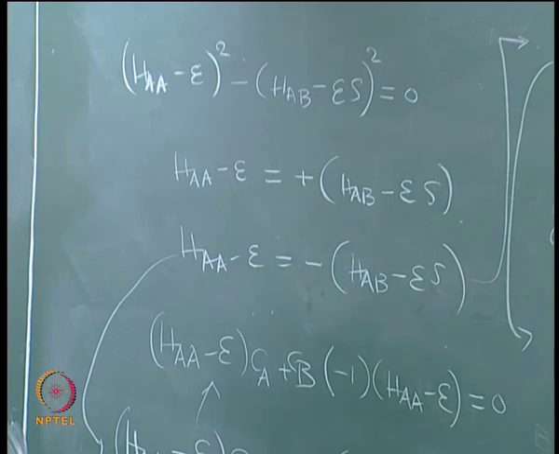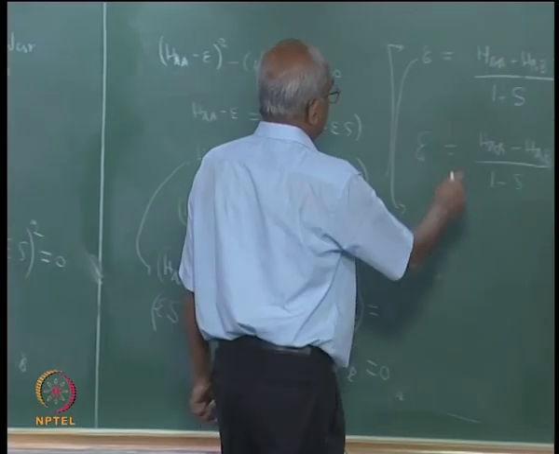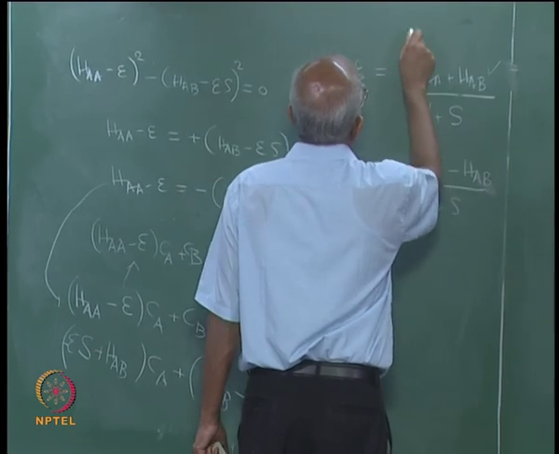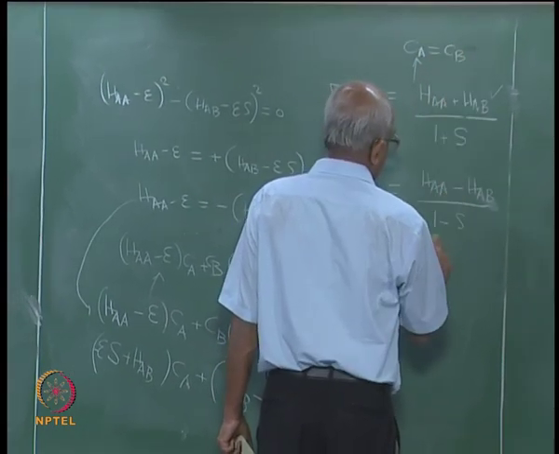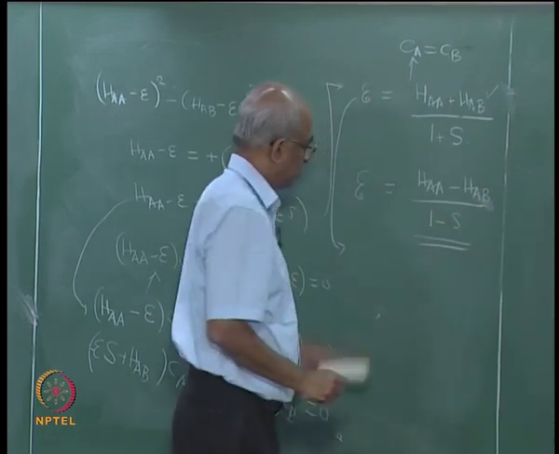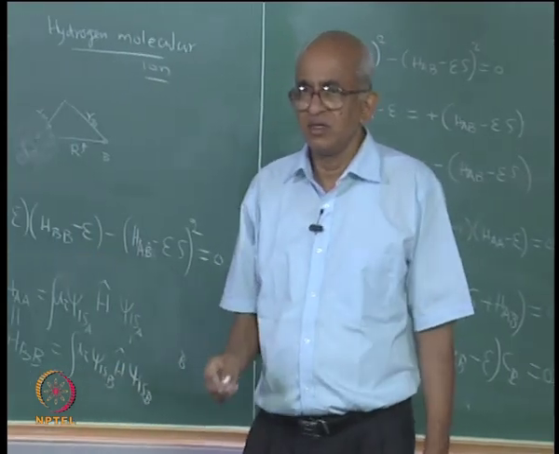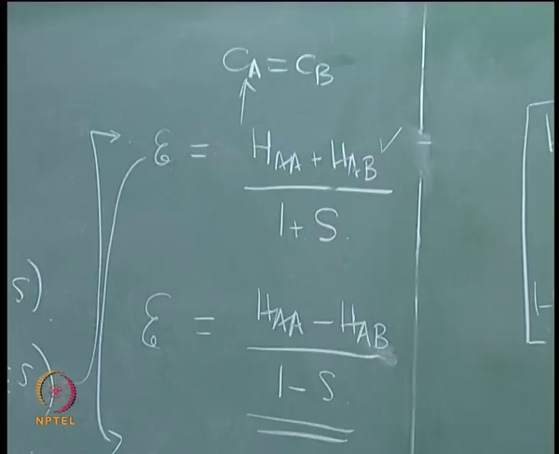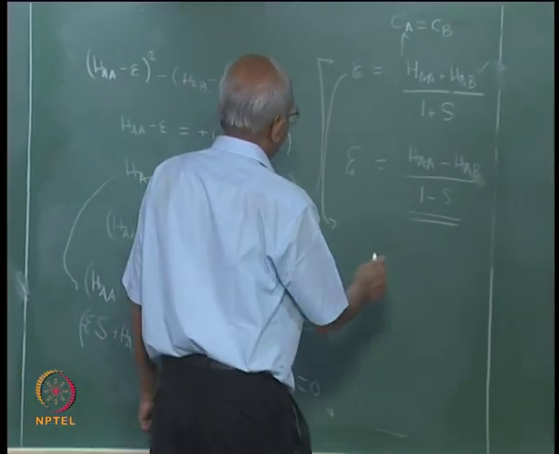And what does this mean? This means that CA is equal to CB. So, therefore, you find that in this case CA is equal to CB. You can do a similar thing with the other solution, the positive solution, and what you will find is that CA is equal to minus CB. That is the answer that you will find if you did the same kind of thing with the other solution.